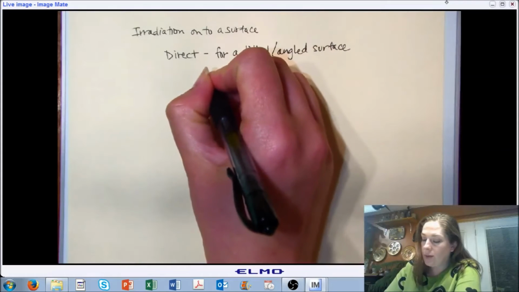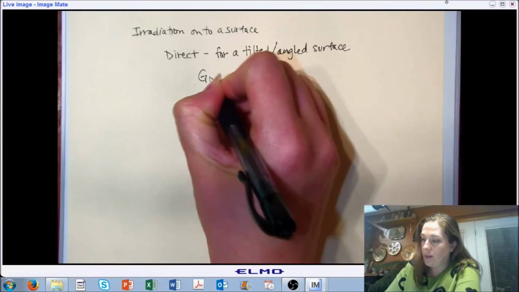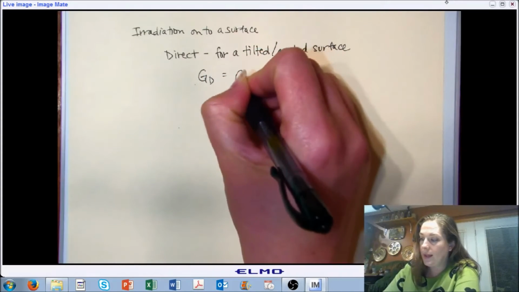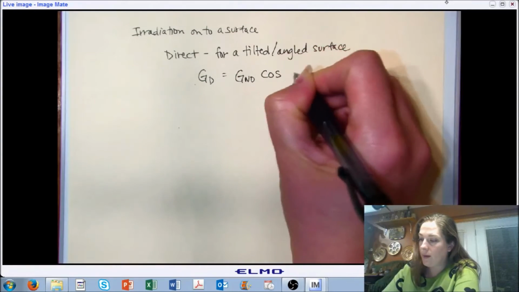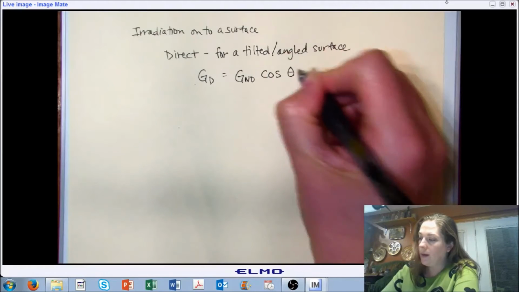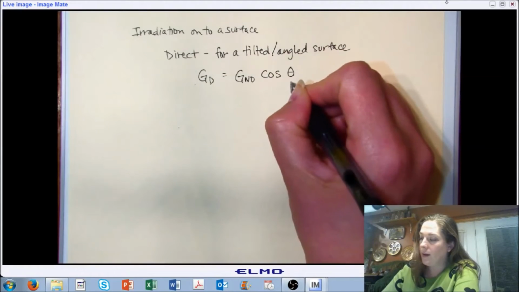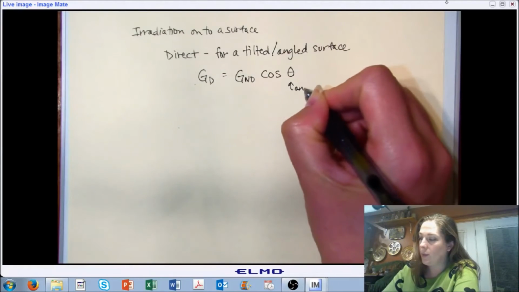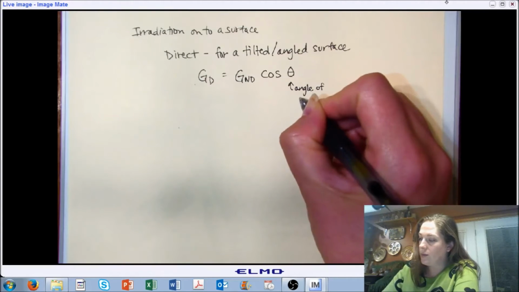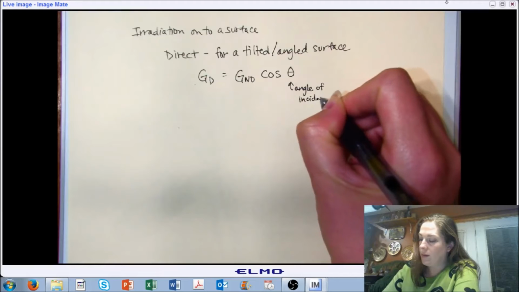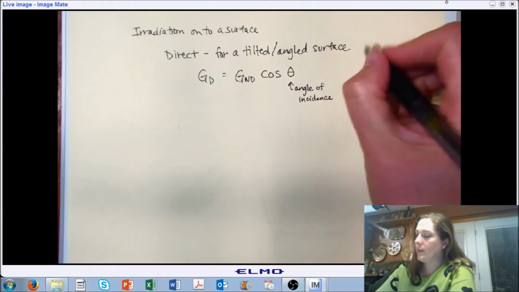And that's just going to be called direct radiation as opposed to normal direct. And it is the normal direct value multiplied by the cosine of our angle of incidence. If you recall, we got that one toward the end of our angles in the last section.